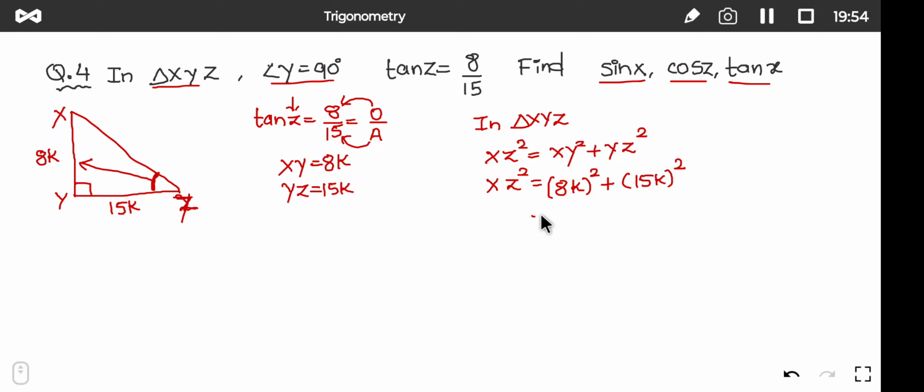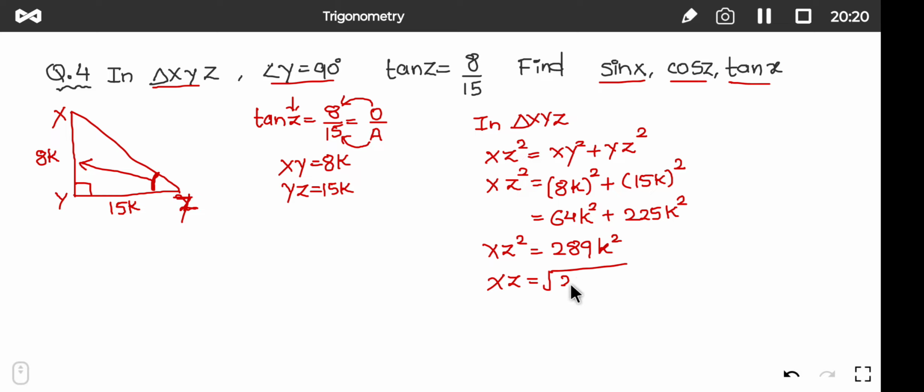So 8 square, which is 64, into k square, plus 15 square, which is 225 into k square. If we add up 64 plus 225, we'll get 289 k square. If we take the square root on both sides, xz is equal to square root of 289 into k square. So root of 289 is 17, root of k square is k. So the value of xz we are getting is 17k.